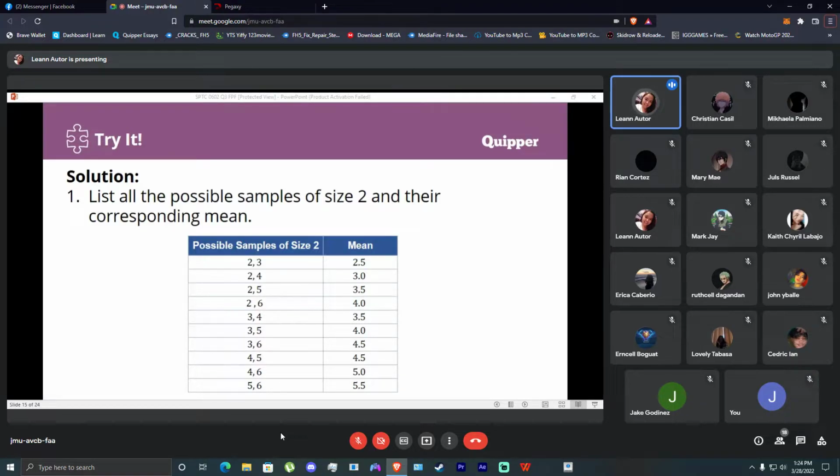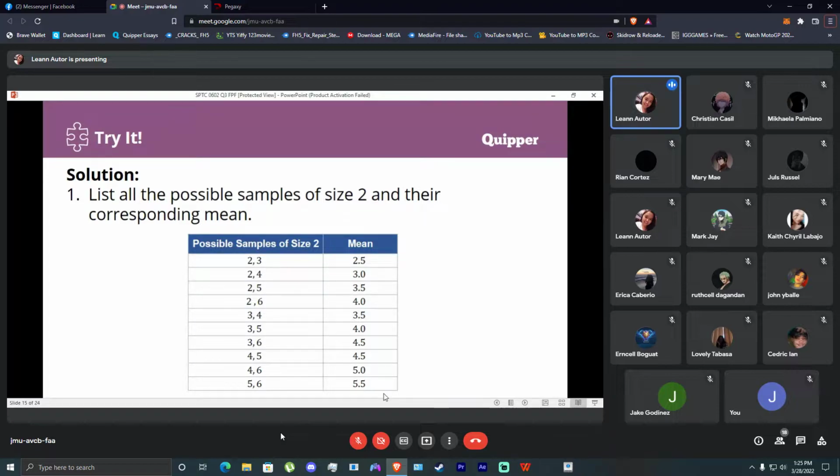And right after listing down the possible samples of size 2, then we are going to get the mean. Do you still remember how to get the mean? In the given sample, we have 2 and 3, for example.